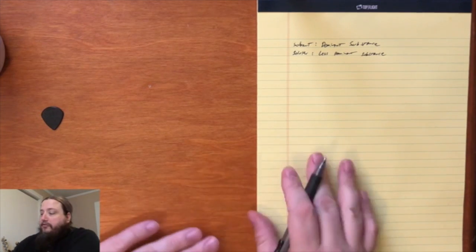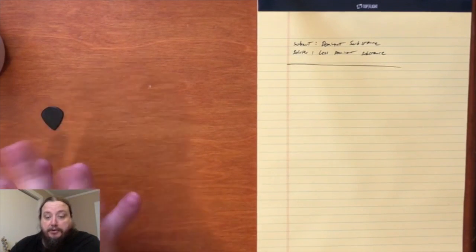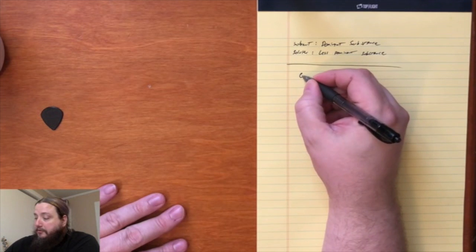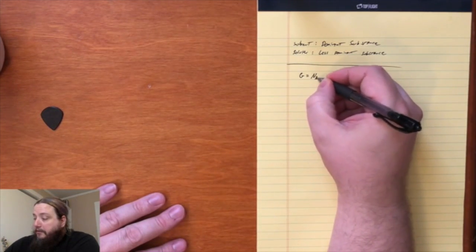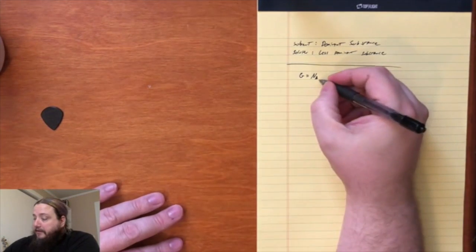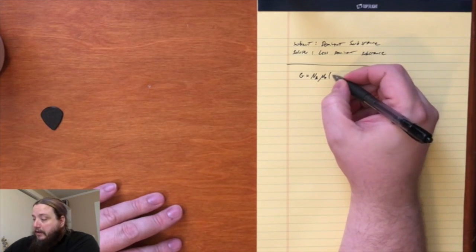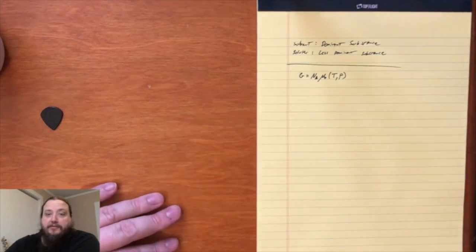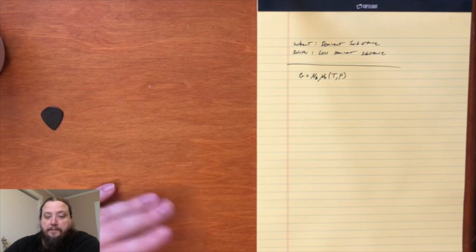And we're going to start from the limit of just a pure solvent, right? And so in the case of a pure solvent, the Gibbs free energy is just the number of solvent molecules N_A times the chemical potential of the pure substance, which in principle is a function of temperature and pressure.